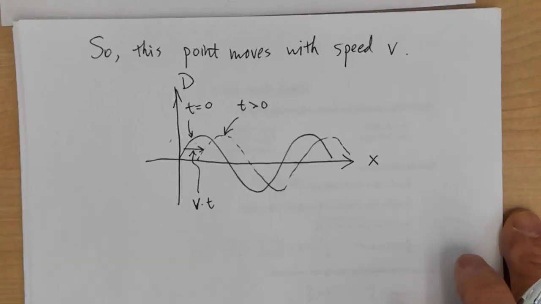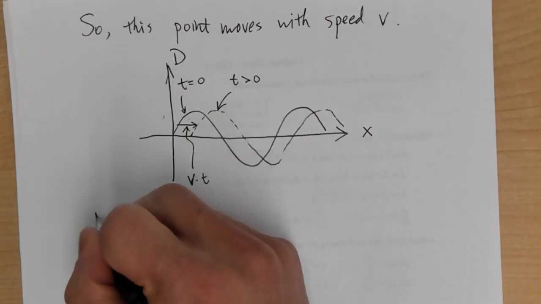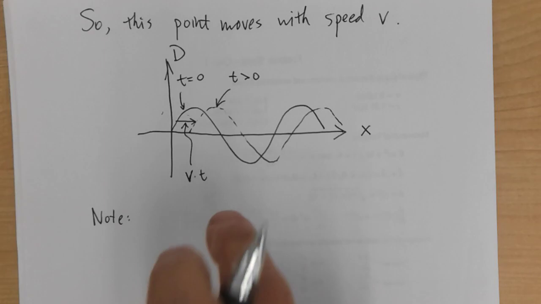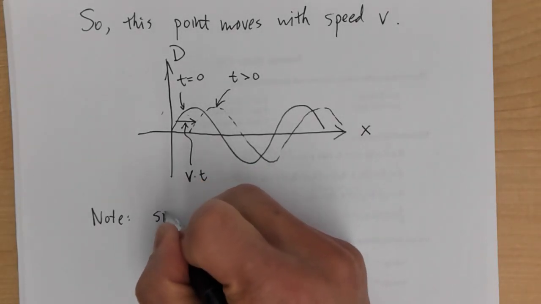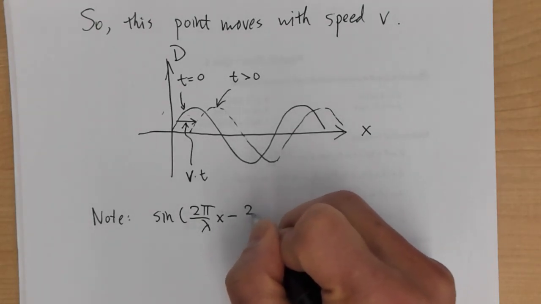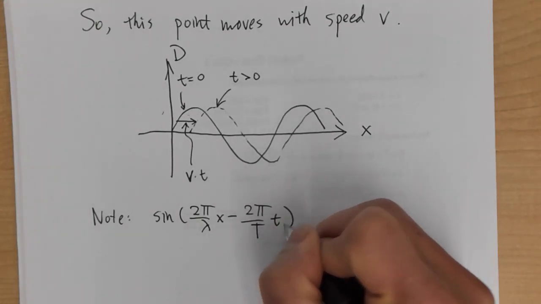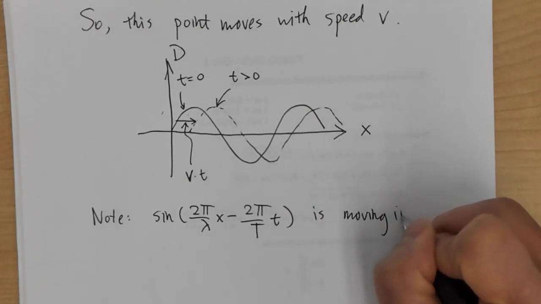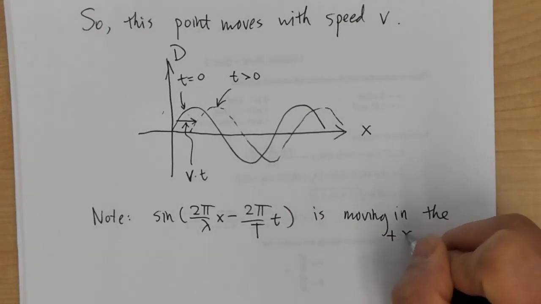I will just finish today's lecture with a note that this is showing the forward movement in the plus x direction. So note the sine of 2 pi over lambda x minus 2 pi over capital T times t is moving in the plus x direction.